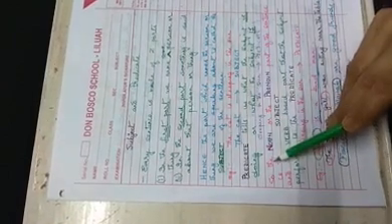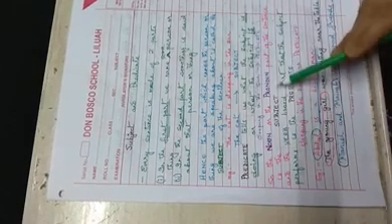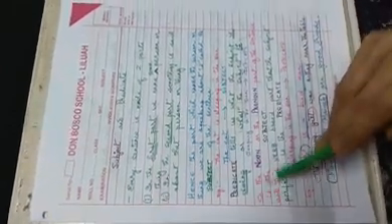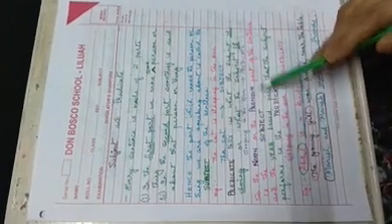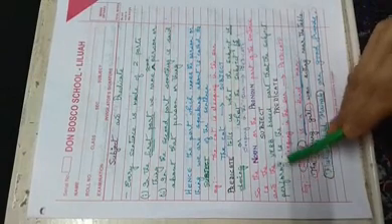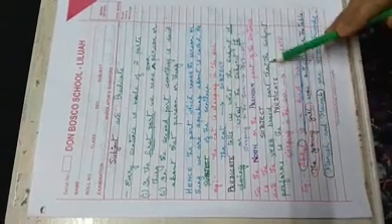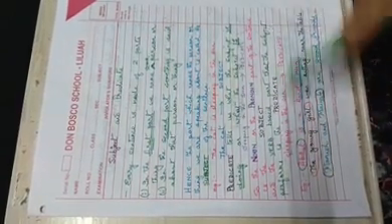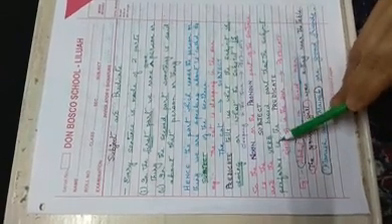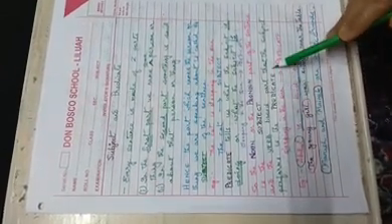So, we must remember the noun or the pronoun part of the sentence is the subject. Again, I am repeating, the noun or the pronoun part of the sentence is the subject, while the verb-based part of the sentence, that is performing something, is the predicate.